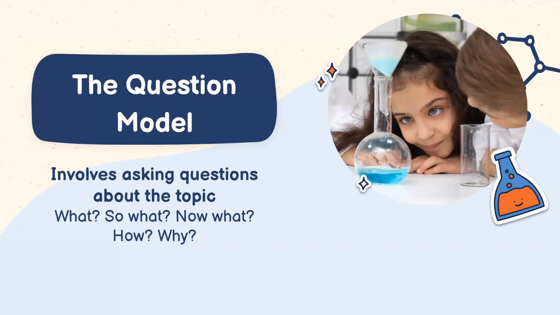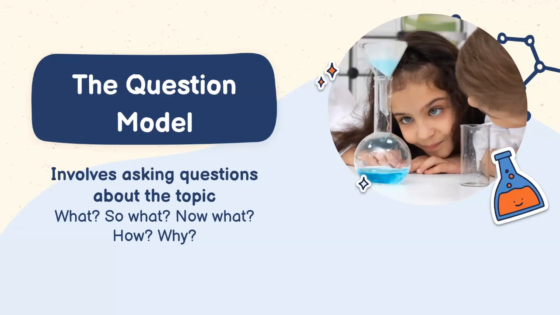That's it. But when we do elicitation, when we use the question model, we must ask questions that demand: so what? Now what? How? Why? These questions will not only reveal your students' knowledge, but will make them think about the question that you are asking them.